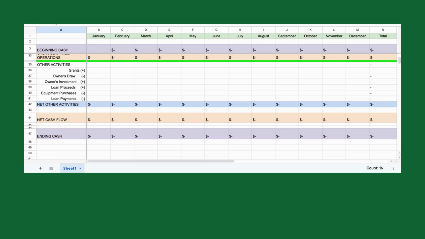But now, what I want to point out is that although the cash flow projection shares most of the chart of accounts with the income statement, it usually has some accounts from the balance sheet as well, especially in this lower section. You might see some liability accounts like loan principal payments, or some asset accounts like equipment purchases, or even some equity accounts like owner's investment.